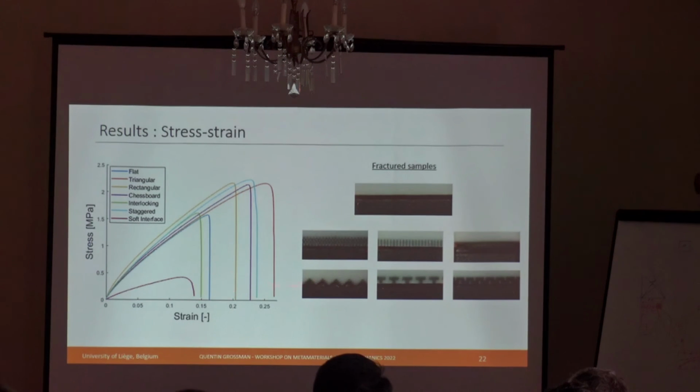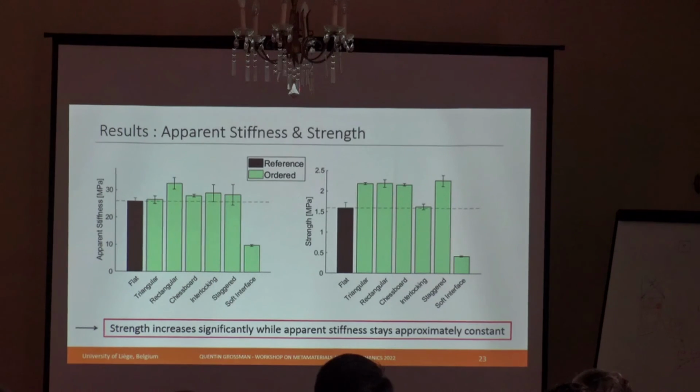And finally, for the soft interface, we have a breaking inside the soft material on one side, and then on the other side, which has a significantly smaller stiffness and strength. From those graphs, we extract some mechanical properties to see how they improve or not.